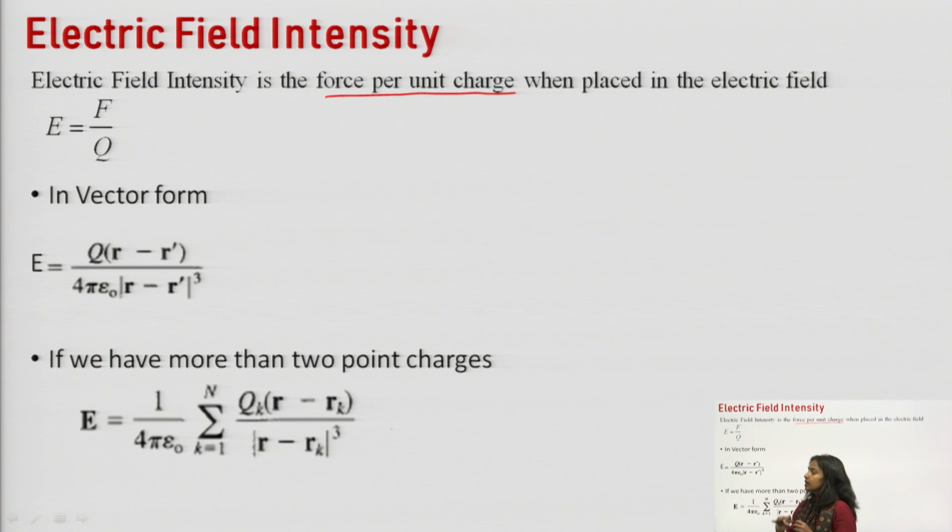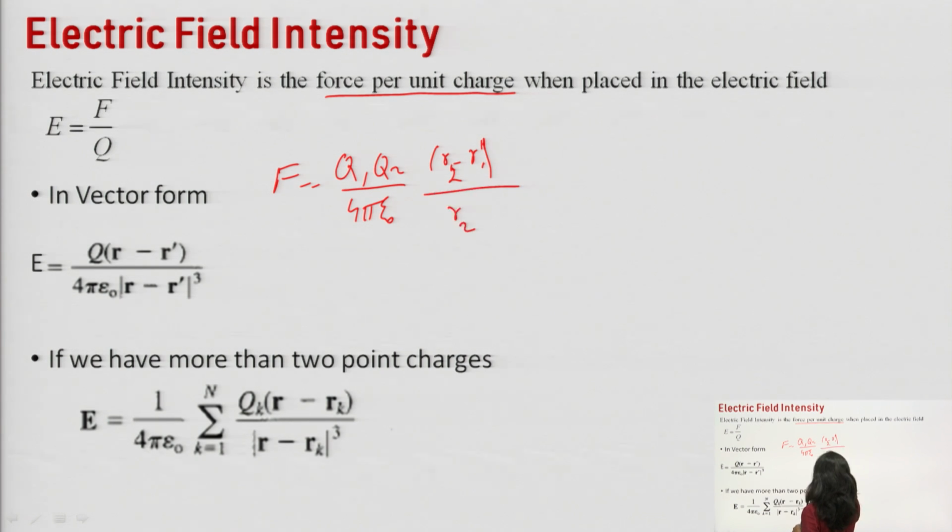So E can be written as force by Q. In vector terms, again we know that F is equal to Q1 Q2 by 4 pi epsilon naught, times R2 minus R1 over the cube of the magnitude of R2 minus R1.